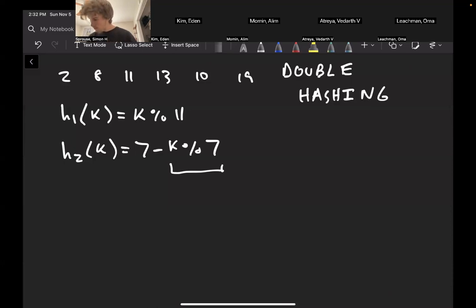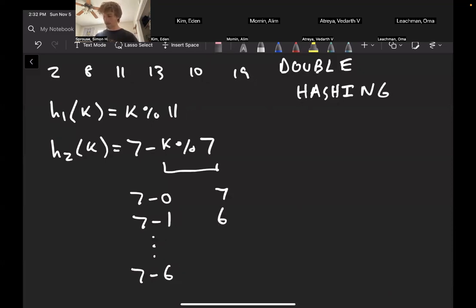So potentially with our second hashing function, we're looking at a search space that is 7 minus 0, 7 minus 1, all the way through 7 minus 6. So the output of hash 2 could potentially be 7, could potentially be 6, all the way through 1.